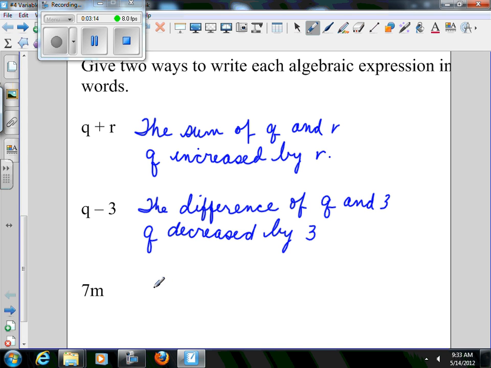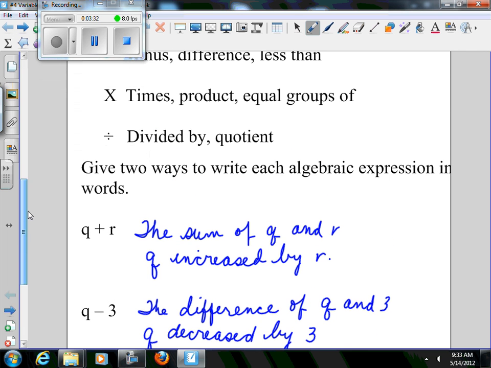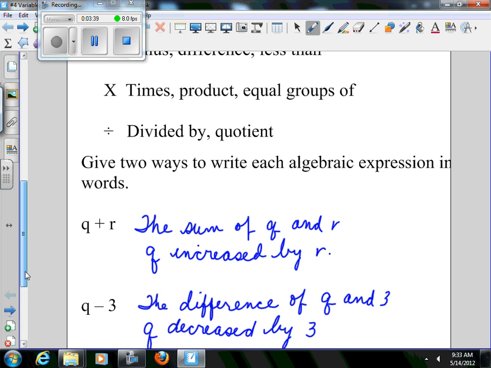For 7m, that means you're going to multiply. 7m means 7 times m. So you could say the product of 7 and m. Going back to look at what we have for words for times, we could also use the expression equal groups of.